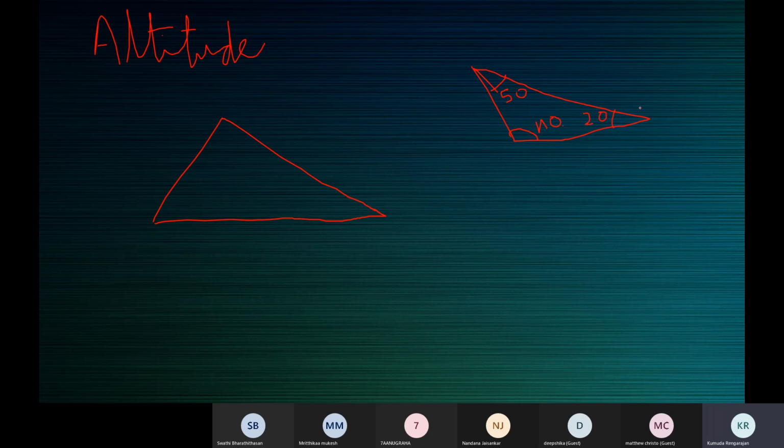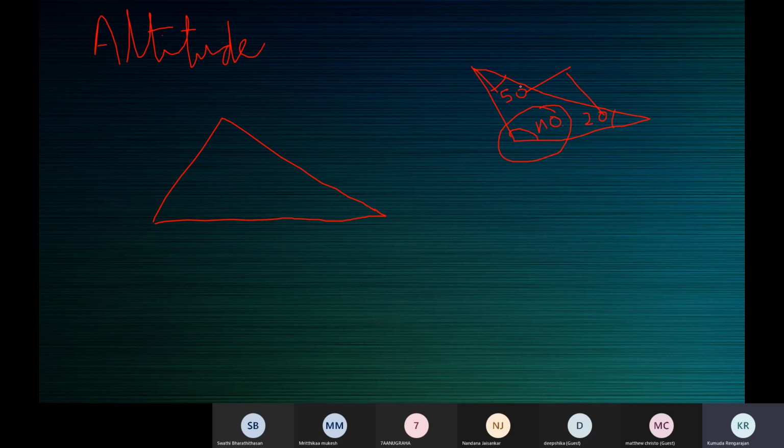Just because 50 is an acute angle, or just because 20 is an acute angle, you cannot call this an acute angled triangle. One angle is more than 90 degrees. One angle is an obtuse angle. So this triangle is an obtuse angled triangle.